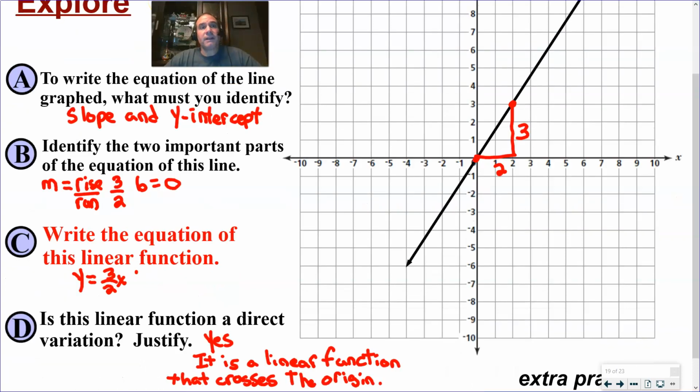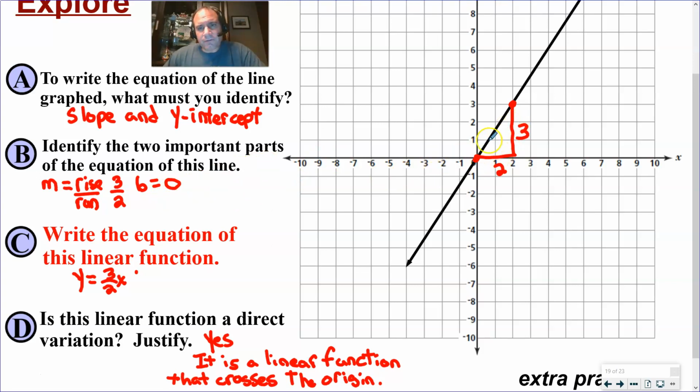Okay, here we go. To write the equation of a line, just like the one that we did before this, you have to find the slope and the y-intercept. So the slope is rise over run, and I picked 2 points. I usually go for the y-intercept because it's usually a nice solid whole number. So in this case, the y-intercept is 0. So right away I identified that before the slope.